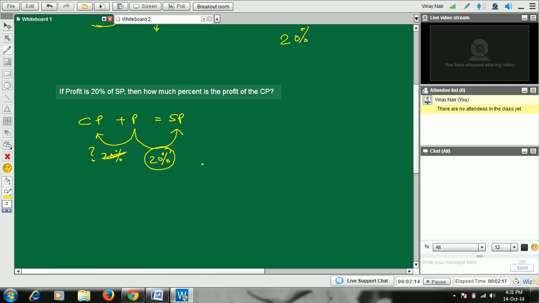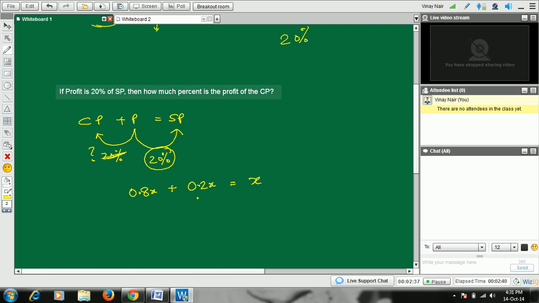So how do we do this? There are many ways. One is you can take the selling price as x. So profit is 20% of x, which will be 0.2x, and the cost price has to be 0.8x in that case.